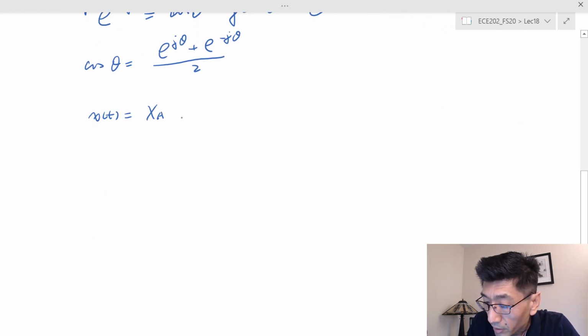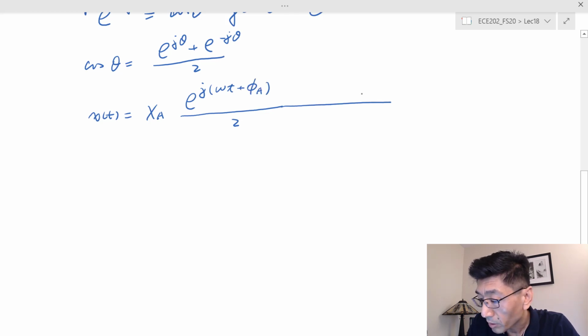X_a times half e^(jθ), where that theta is just omega t plus phi sub a, plus e^(-jθ), and that theta is still omega t plus phi sub a.